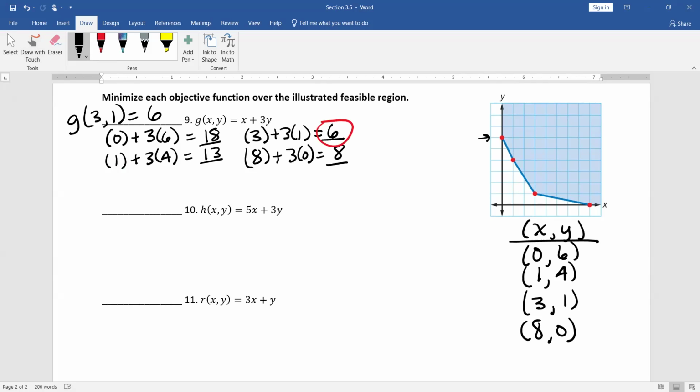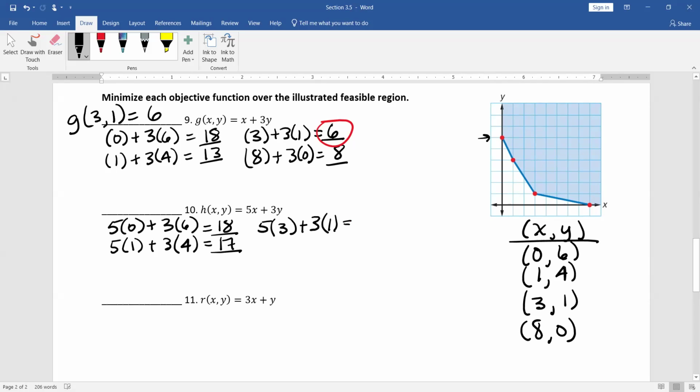And then we just keep doing that. So 5 times 0 plus 3 times 6, 18. Next one is 5 times 1 plus 3 times 4. So it's 12 plus 5, which is 17. 5 times 3 plus 3 times 1, 15, 16, 17, 18.